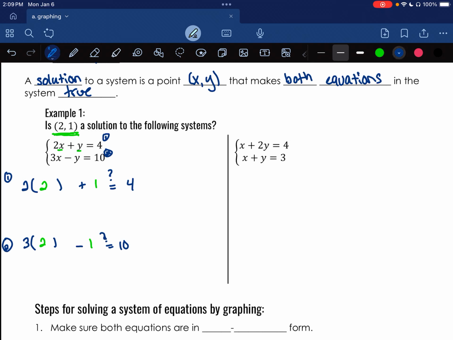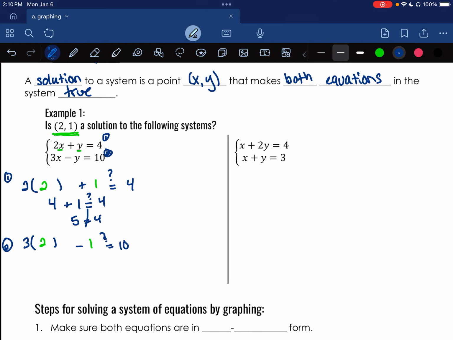All right, so let's start simplifying. If I carry out that multiplication, my 4 plus 1, I'm hoping that's equal to 4, but oh no, we've got 5 equal to 4. Well, that's not true. So I can actually stop here since I know it doesn't work for this equation. It doesn't matter if it works for the other one.